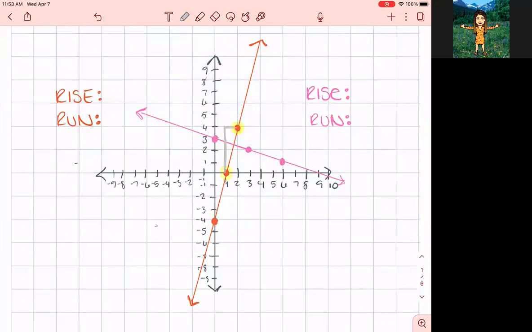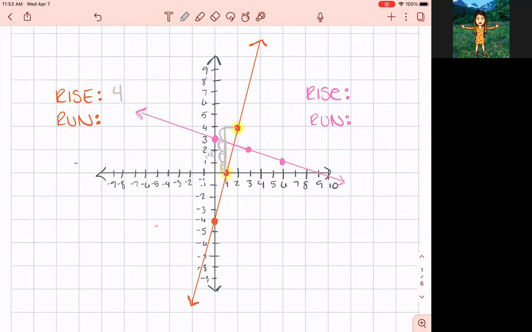So making those little growth triangles again can be very helpful. How far up? What is the rise of this? Well, from one dot to the next, it's 1, 2, 3, 4. It goes up 4, plus 4 because it goes up. So on rise, we're just going to put a positive 4.